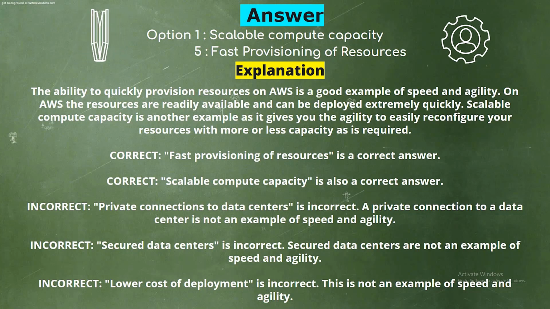Scalable compute capacity is also a correct answer. Incorrect. Private connections to data centers is incorrect. A private connection to a data center is not an example of speed and agility. Incorrect. Secured data centers is incorrect. Secured data centers are not an example of speed and agility. Incorrect. Lower cost of deployment is incorrect. This is not an example of speed and agility.